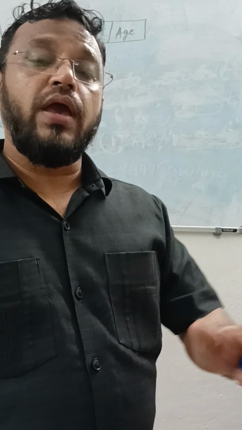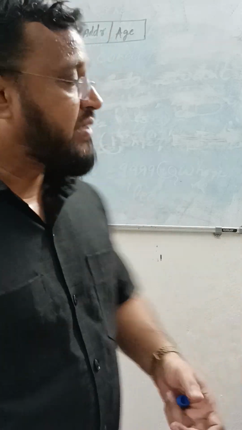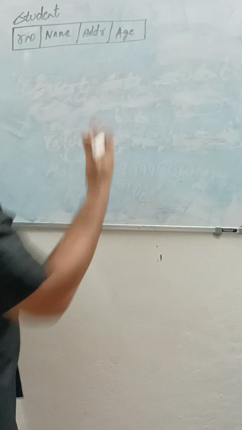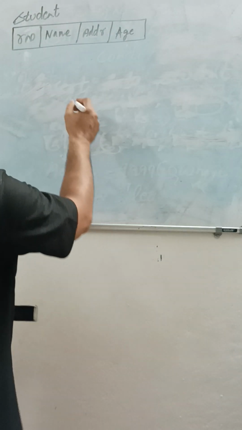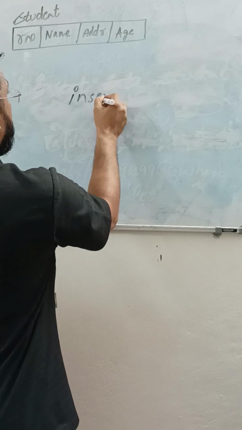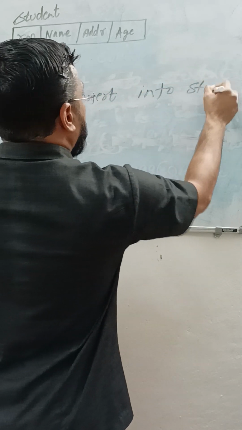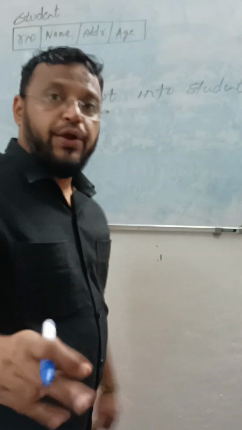And one more thing: for example, now if you only know the name of that particular student, if you don't know the address and you don't know any other data, what we can do is simply write insert into table, and assume that you have information only for roll number and name.